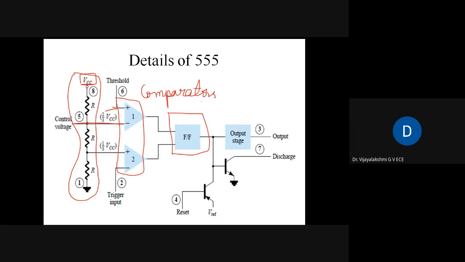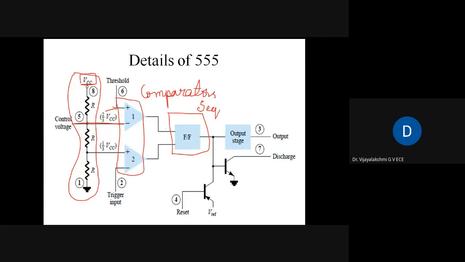What is the difference between them? In a combinational circuit, the output depends only on the present input, whereas in a sequential circuit, the output also depends upon the past. That's why we say they have memory. So just understand flip-flop is a sequential circuit.